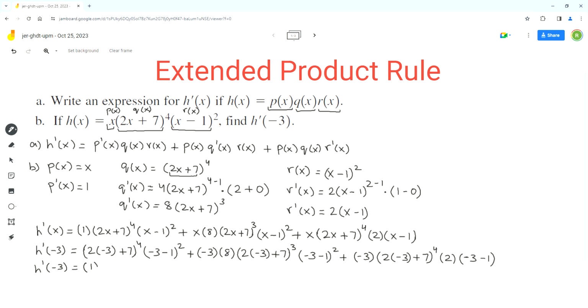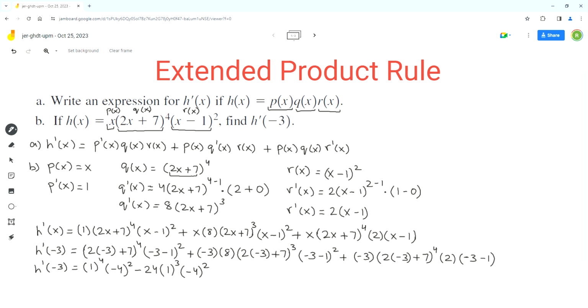So we get 1 exponent 4 times (negative 3 minus 1, which is negative 4) squared, then plus negative 3 times 8, which is equal to negative 24, times (2 times negative 3 is negative 6, and negative 6 plus 7 is 1) cubed, times (negative 3 minus 1, which is negative 4) squared.